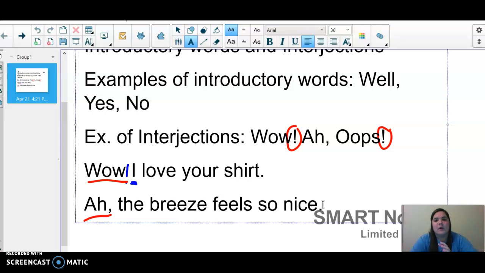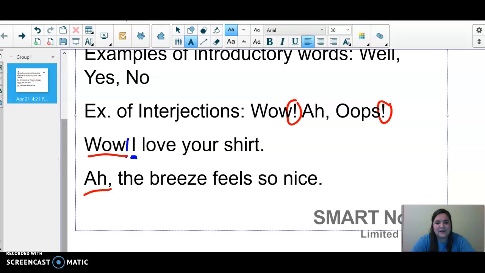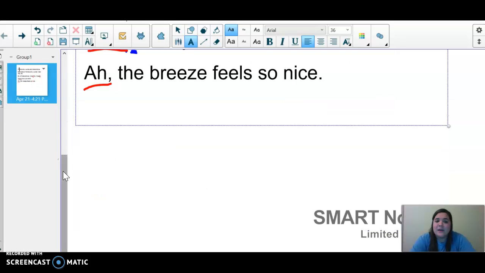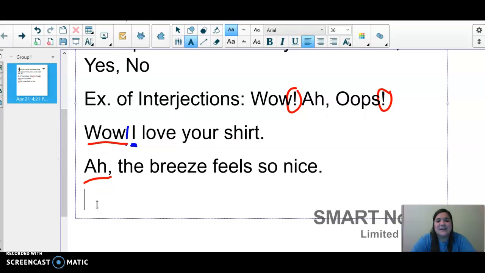So like wow or oops, if they have that exclamation point, you got to start the next letter with a capital letter. The next option is that you can also have just an introductory word that doesn't even need or can't even be an interjection. It's just like answering a question. So if you said something like, yes, I do want to go.